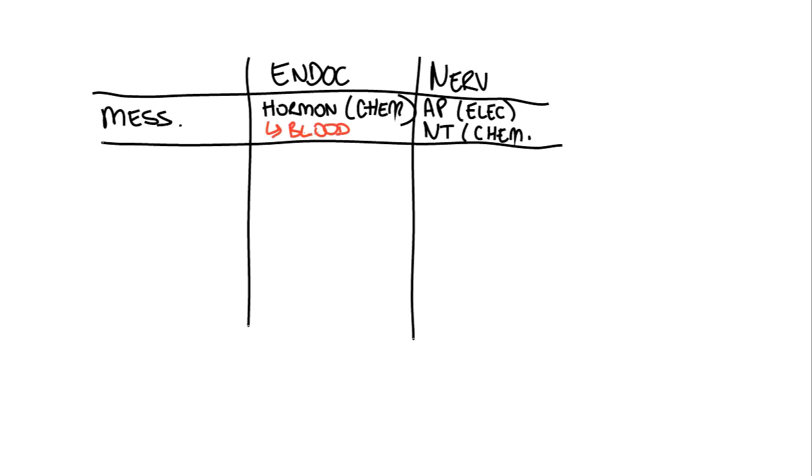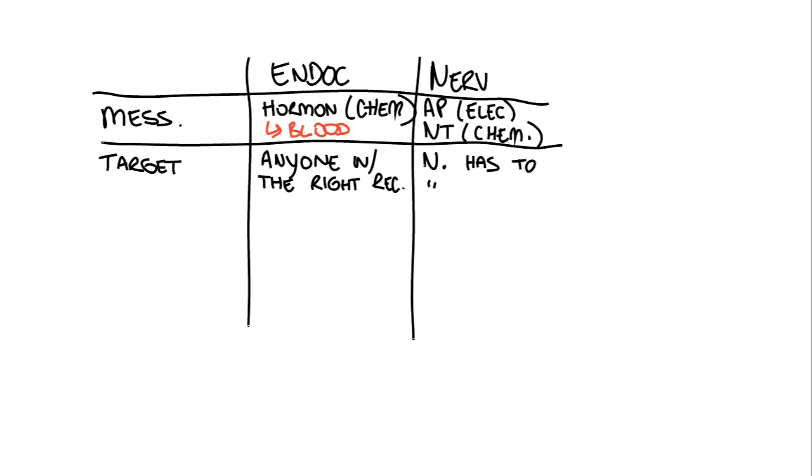All right. So we've talked about the message. Now, what about the target? The target in the endocrine system is basically anyone who has a receptor for that message. So anyone, okay, anyone with the right receptor. Now, how is that different than the nervous system? If you're picturing that neuron in your brain right now, that neuron, if you remember, has to touch.